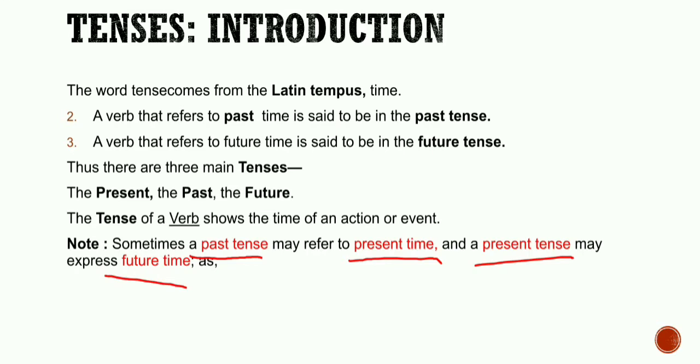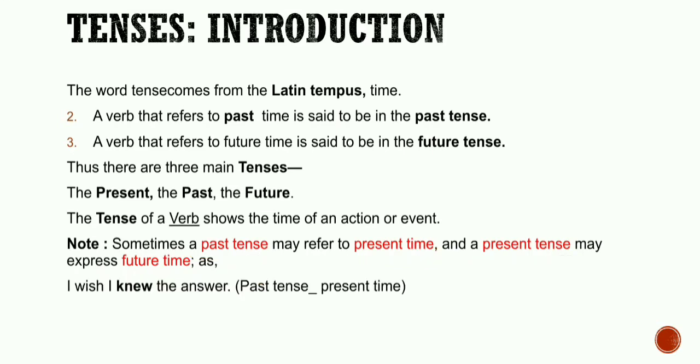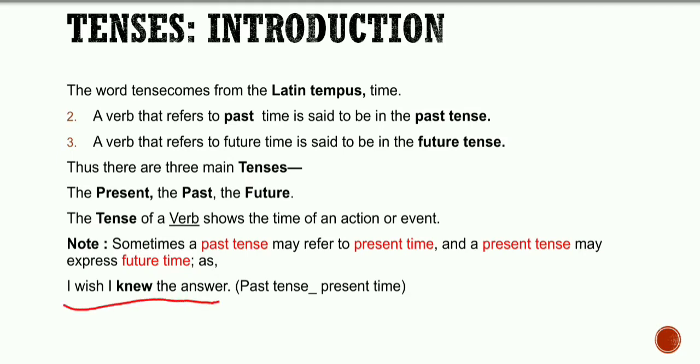How? Look at the examples. I wish I knew the answer. Now here the sentence is written in the past tense, but it is giving the meaning of present time.